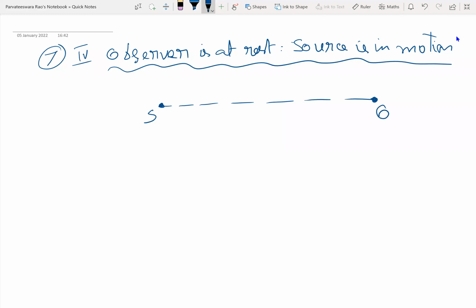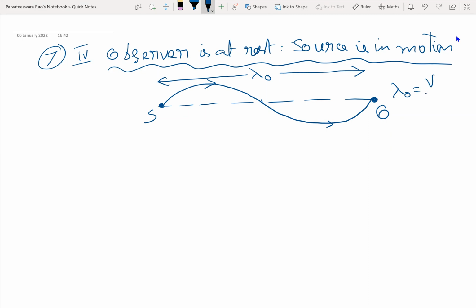Here is the observer. And here is a wave which is reaching the observer from the source, and the wavelength is lambda naught, such that lambda naught is V by nu naught.